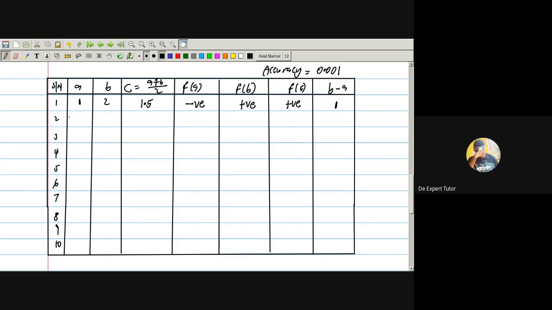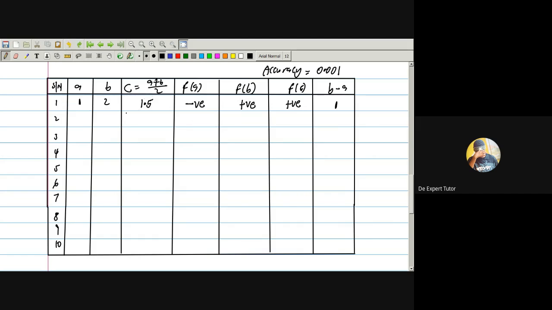Now, how do you know how to fill the next row? Pay attention. What will be your A and B? It will always be among these three. Anyone that gives you a different sign is the one you pick.